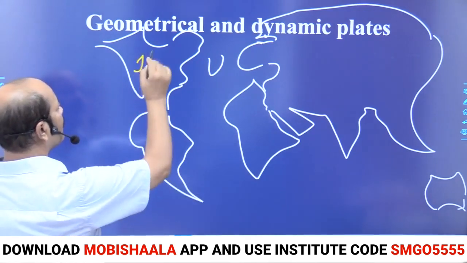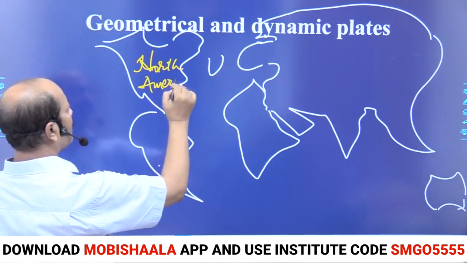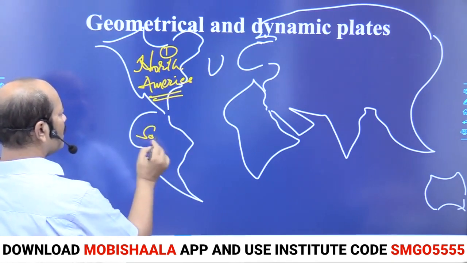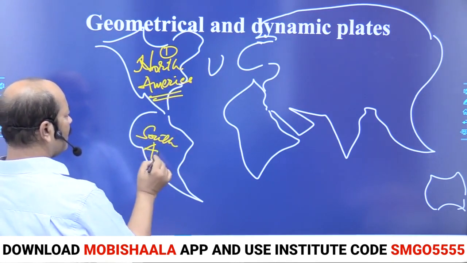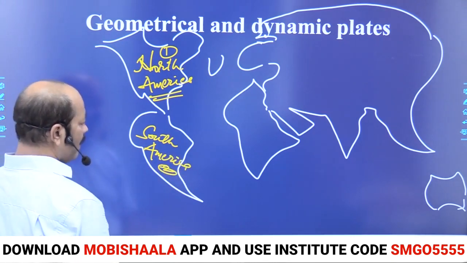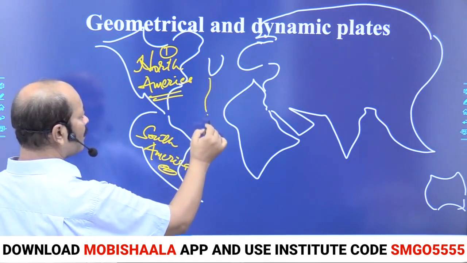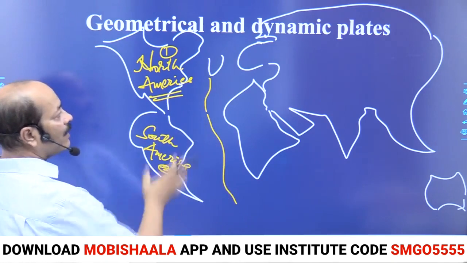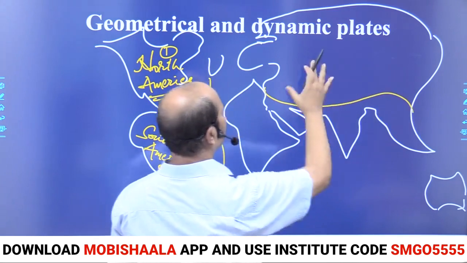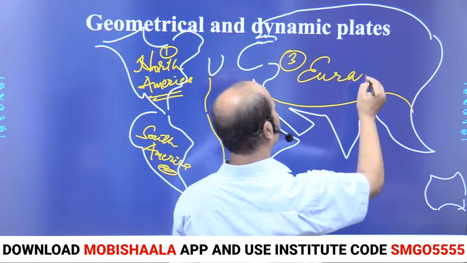You write North America. This is the first plate on the western section, number 1. This is South America. This is number 2 plate. Now see, North America continues till the mid-oceanic area of the Atlantic Ocean, and from here we can bifurcate the areas. It is named the third plate, the Eurasian plate.